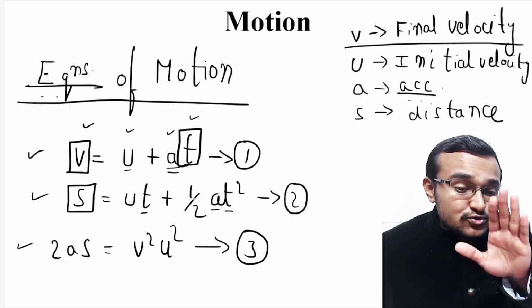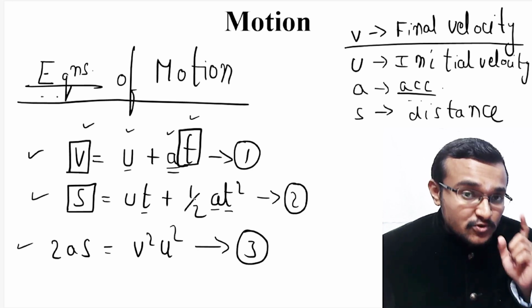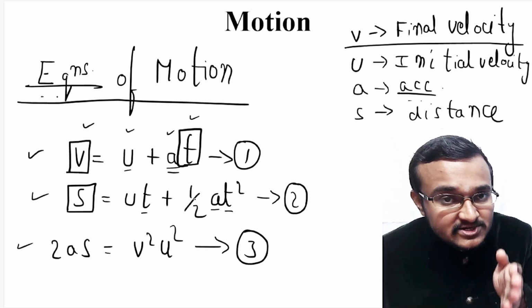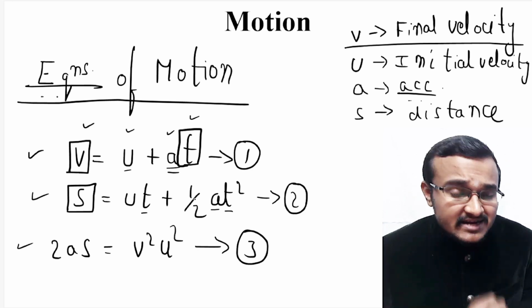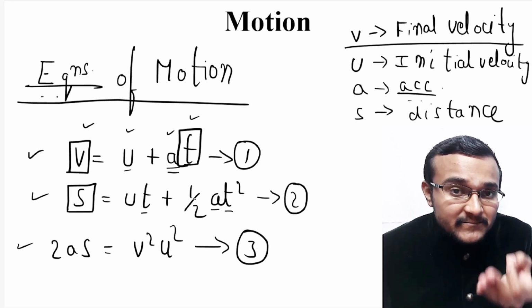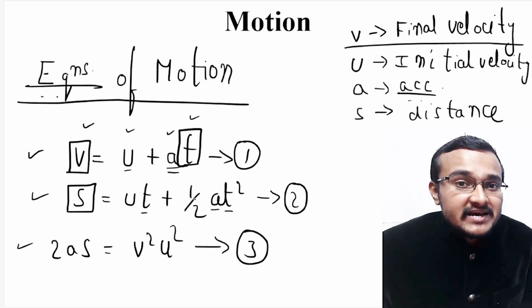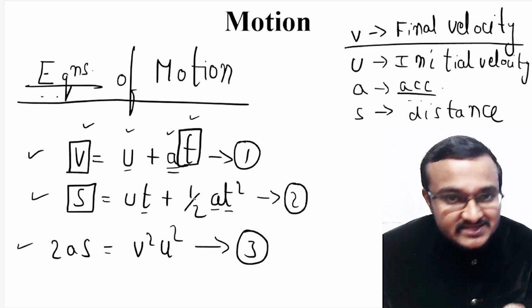Here you should look at these equations, and when you get problems related to equations of motion, based on what physical quantity you have to calculate and what data you have in your hands, you should use one of these equations.